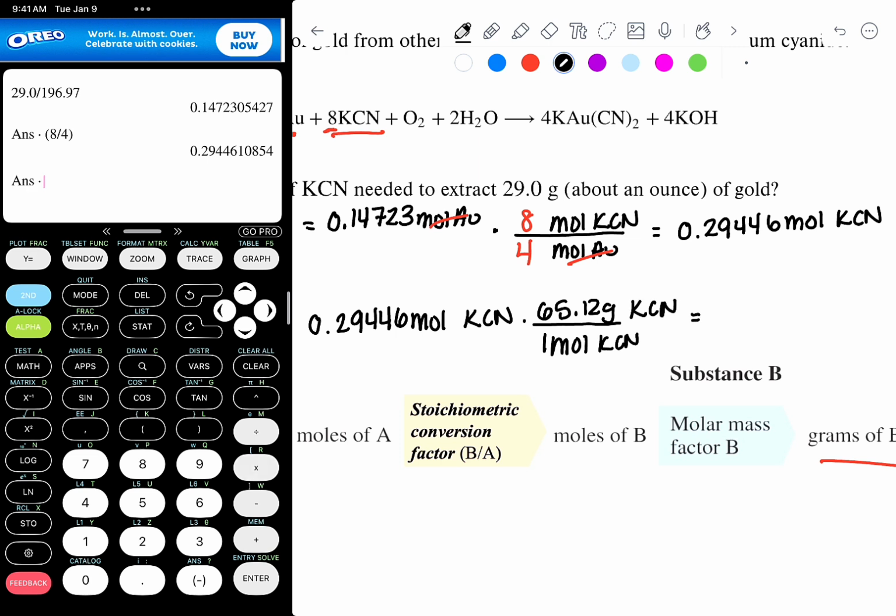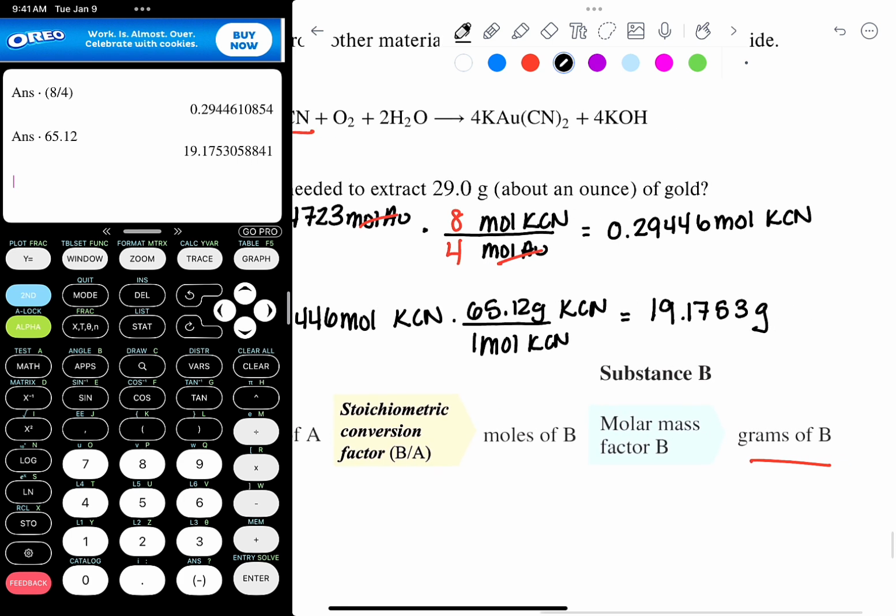So we take that value, multiply it by 65.12, and we get 19.1753 grams of KCN. And with sig figs, we had 3 in our starting, so we want to have 19.2 grams of KCN.